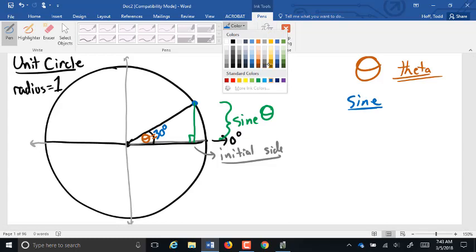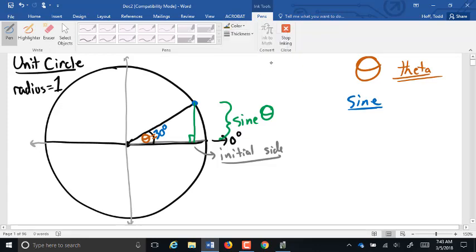Next, we're going to talk about tangent and secant. We have to kind of talk about those together. Tangent, our point of tangency is always the reference diameter. So here's our point of tangency. We go from that point of tangency up until it intersects the terminal side.